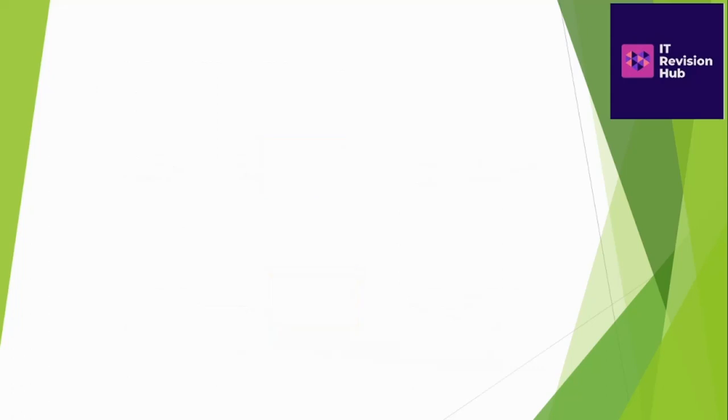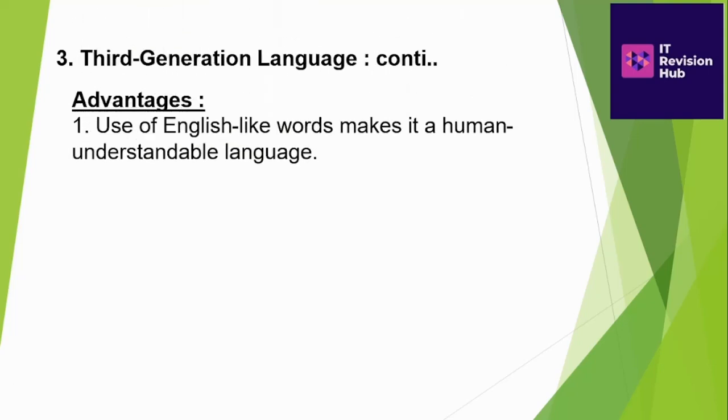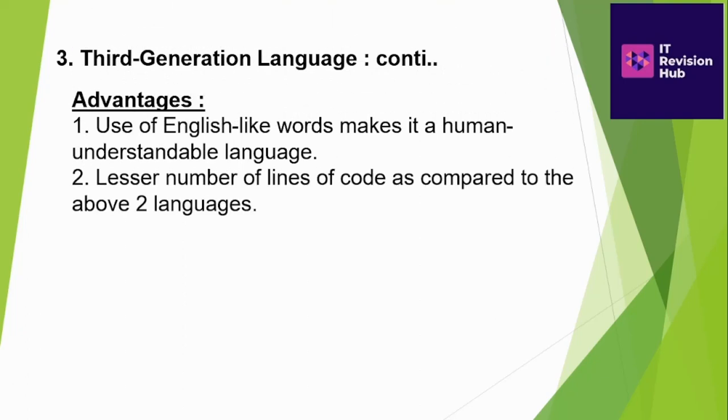Now we'll discuss the advantages and disadvantages of third generation language. Use of English-like words makes it human understandable language. Fewer lines of code compared to the above two languages, first generation and second generation.